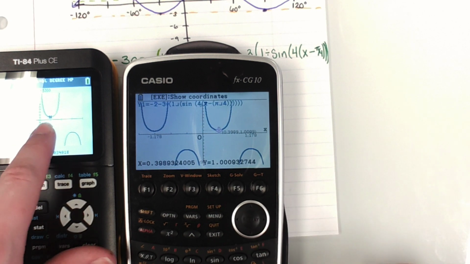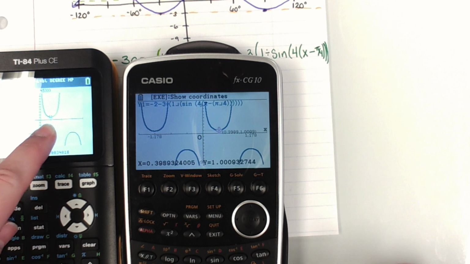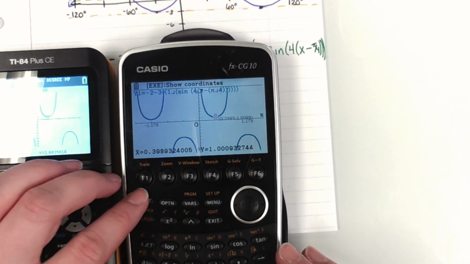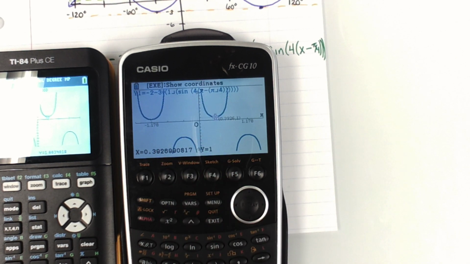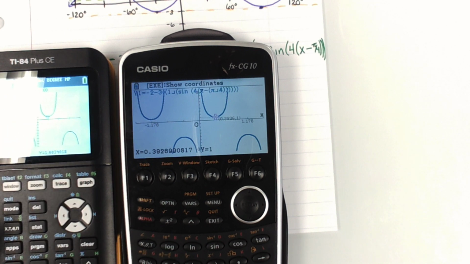If I notice that there's a low point here at a quarter of a tick, I can just say, okay, a quarter of the period was, well, the period was pi over 2, so a quarter of that is pi divided by 2 divided by 4. If I just start typing that in, it'll give me the ability to move to that point. Since this one's in degrees, we said a full period was 90 degrees, and it'd be 90 divided by 4, and it'll bring me to that point.